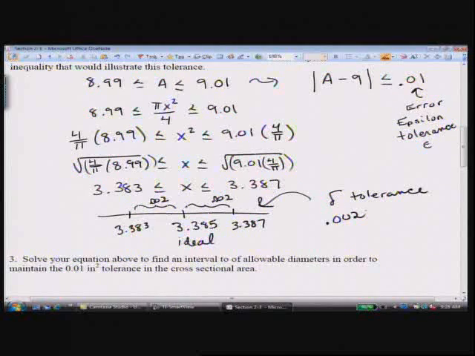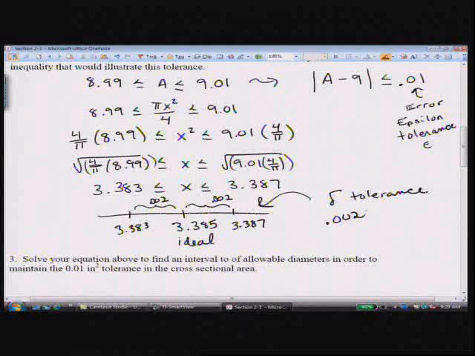In order to be within 0.01, 1/100th on my area, my diameter has to be within 2/1000ths. So you have to be more precise in the diameter that you cut in order to get less precision in the area. Does that make sense?